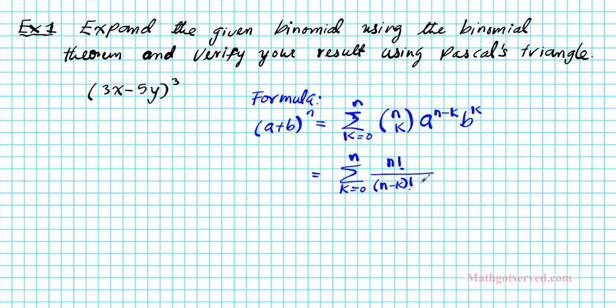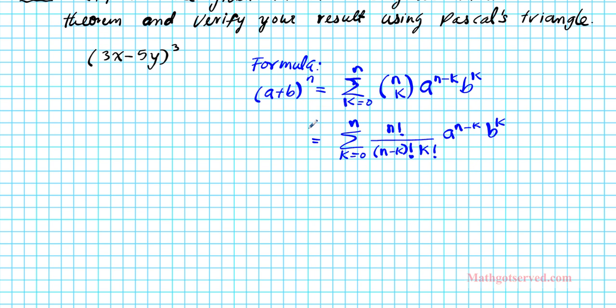This is permutation, but we just add a k factorial piece here and it becomes combination, times a to the n minus k, b to the k. This is much more explicit. It tells you exactly what to do to determine your coefficients. So we're going to implement this formula in generating the expansion of this binomial.